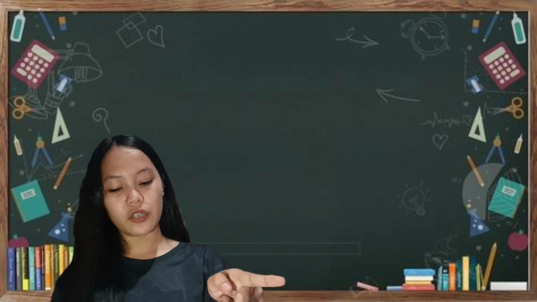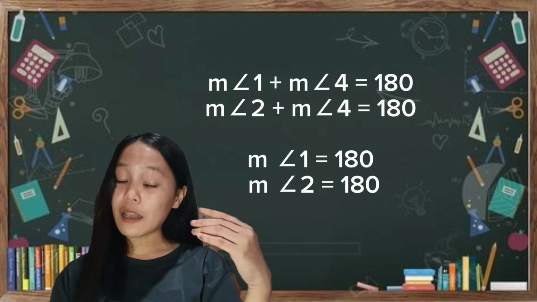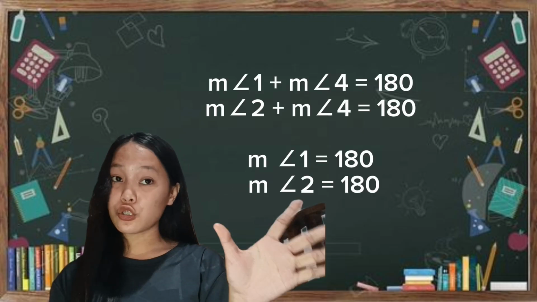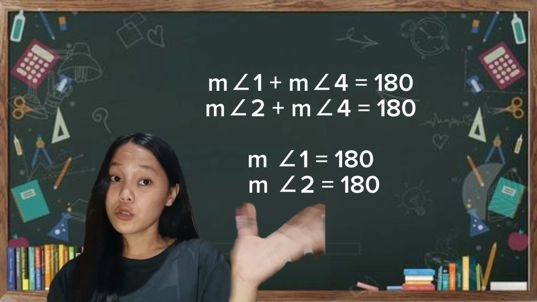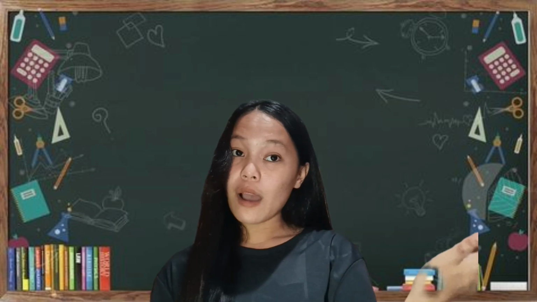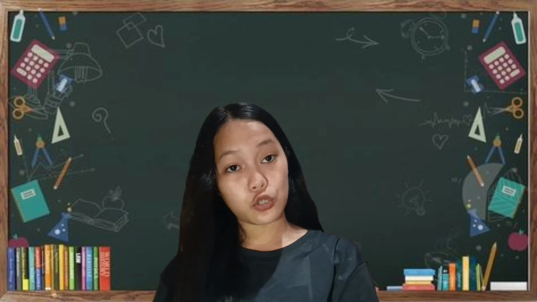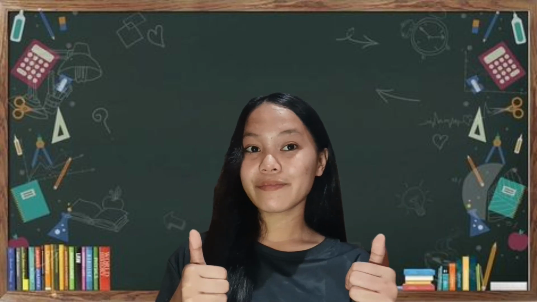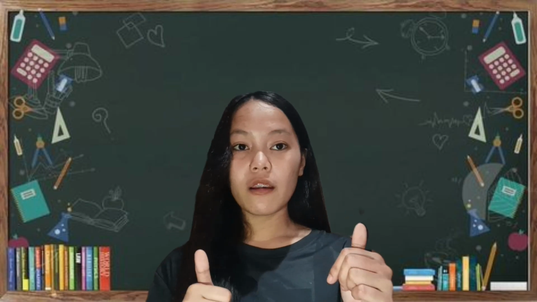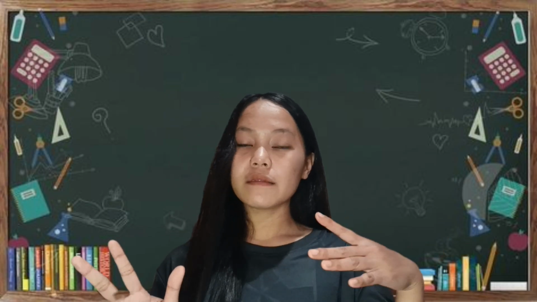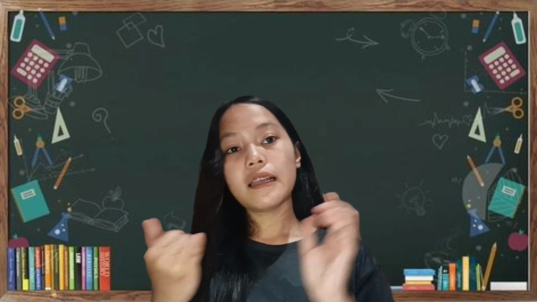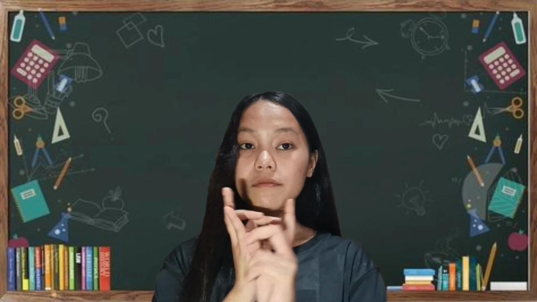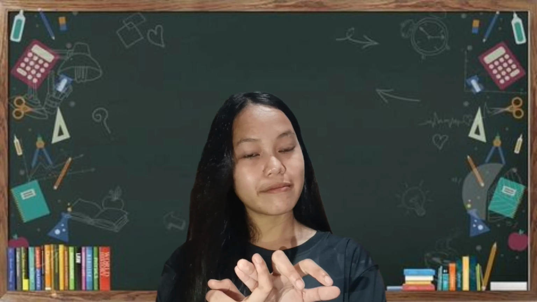With substitution, angle 1 plus angle 4 is 180 and angle 2 plus angle 4 is also 180. So angle 1 and angle 2 are congruent. Am I clear? So those are the definitions of linear pairs and the vertical angles theorem.